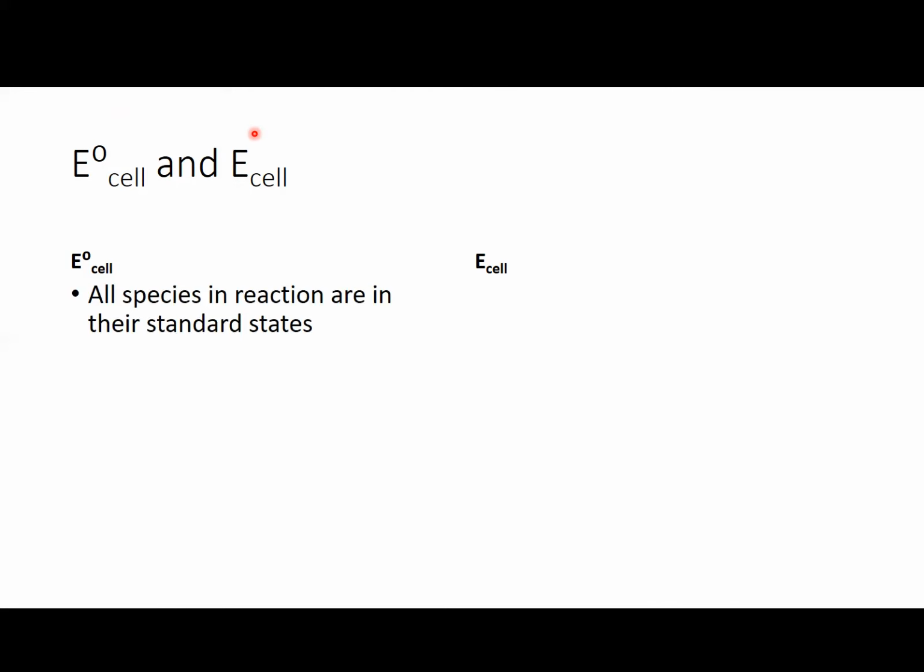For E0 cell, everything that is part of that reaction is in its standard state, which means that if it's a gas, it's at 1 atmosphere, and it's at 25 degrees Celsius. If it's in a solution, its concentration is 1 molar. That's what E0 cell means: all of these things are in their standard states.